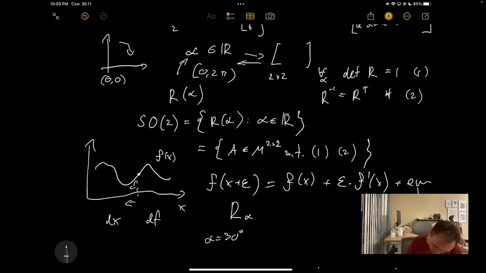I would substitute those into the cosine and sine formulas, and that would be my R of alpha. This matrix has all these nice properties: the determinant is 1, and it's orthogonal.